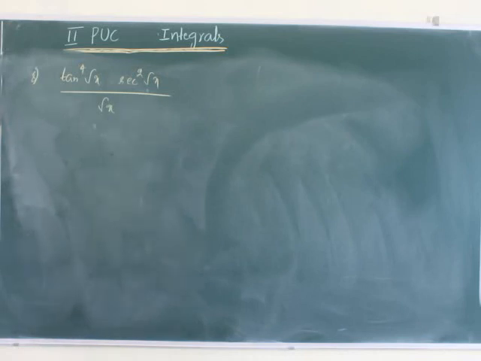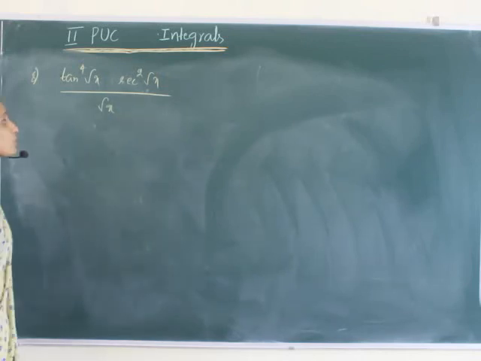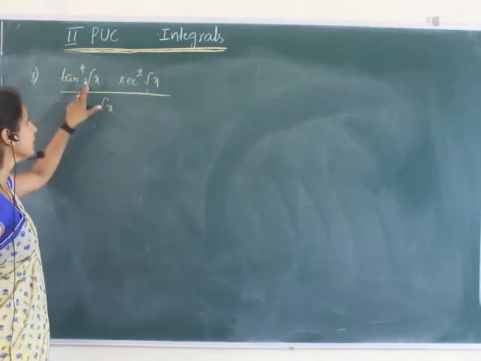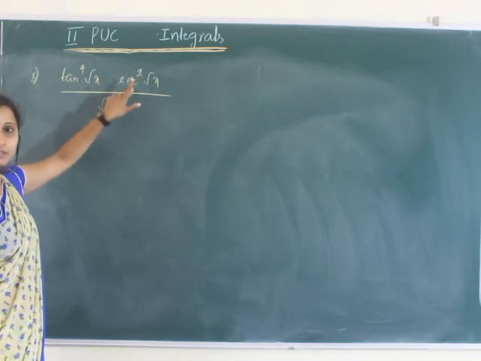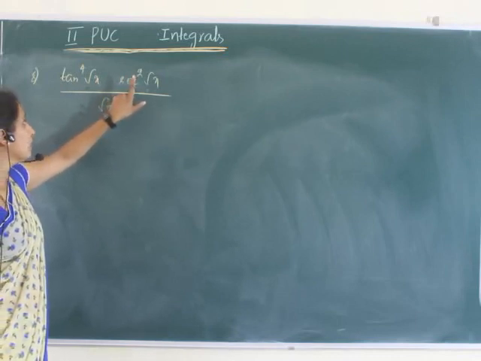Either we can make root x as t. If I take root x as t, then the derivative of root x is 1 by 2 root x, so root x can be cancelled. But then we get tan t into secant square t, so we cannot do anything.